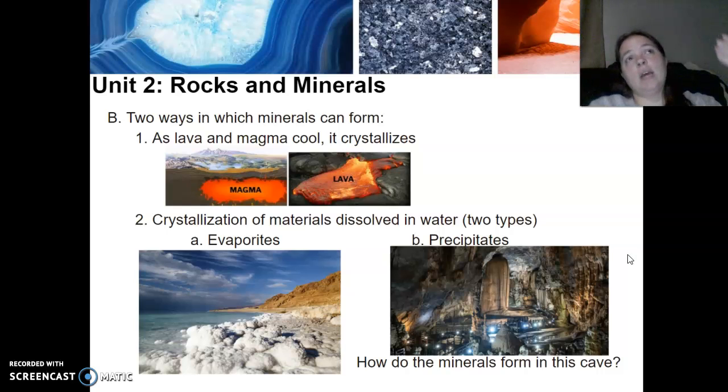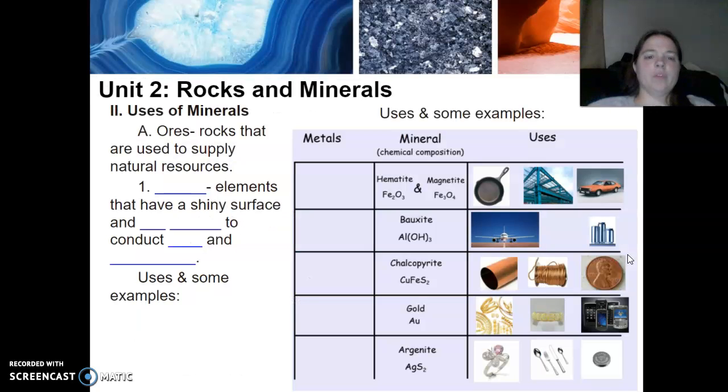And as they seep down and they find these caves, the caves are limestone that has been dissolved away, and as it's dissolving, this water comes in and it starts dripping and dripping and dripping, and it leaves all these minerals right there on stalactites or stalagmites. That's how caves are formed and why they look kind of cool.